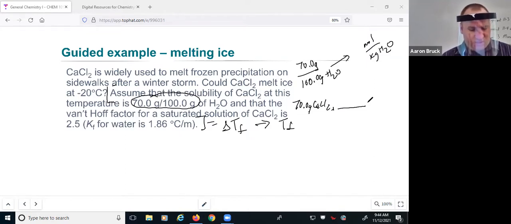Calcium is 40.08. Each chlorine is 35.45. So 110.98 grams in a mole.